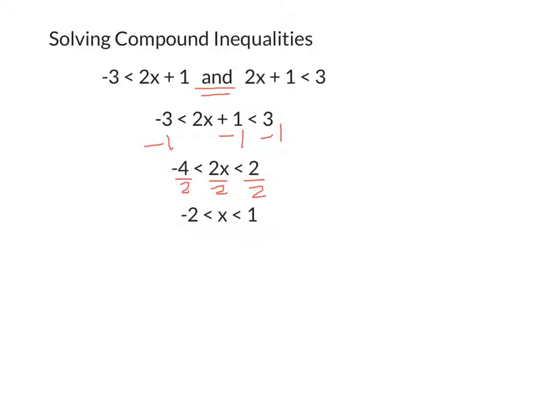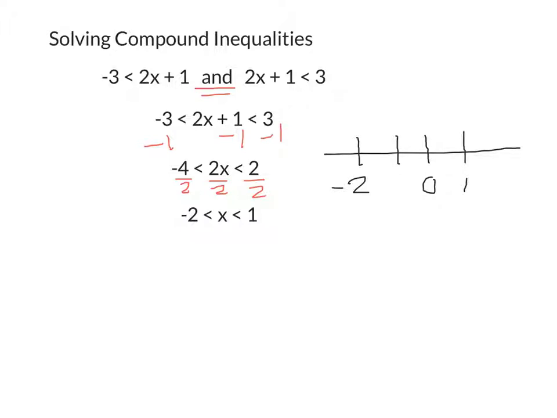So, now, there's one last thing. If I were to graph this, what would it look like? Okay, so if I were to graph this, we would have a number line. Okay, and we'd have minus 2, then we'd have minus 1, then we'd have 0, then we'd have plus 1.